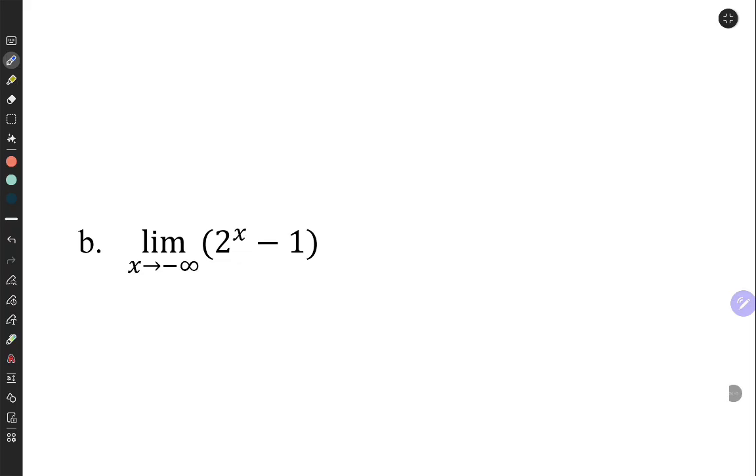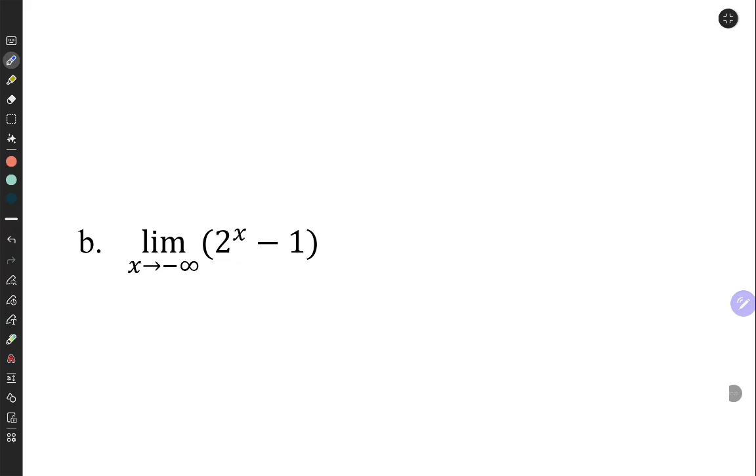Imagine plugging in a very small number, 2 to the power x. This alone. What do you think this number will be? What's 2 to the power negative infinity? 2 to the power negative 100.